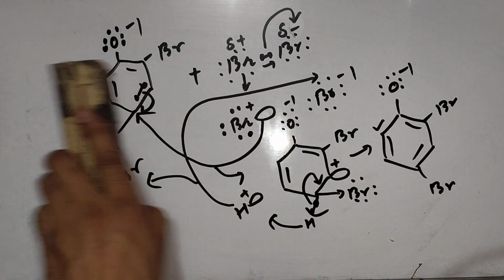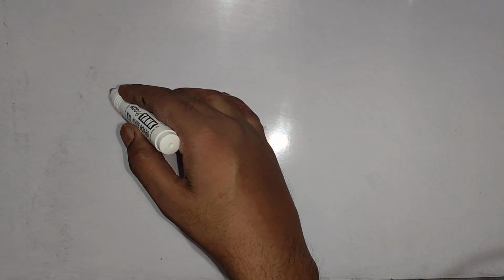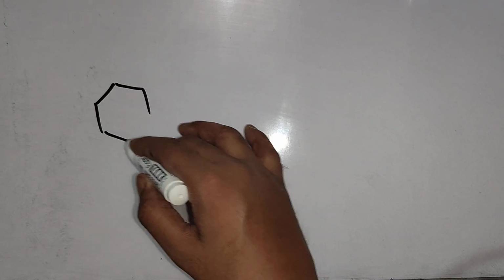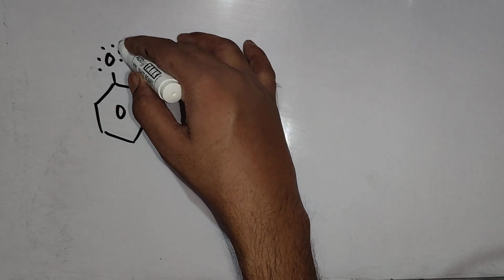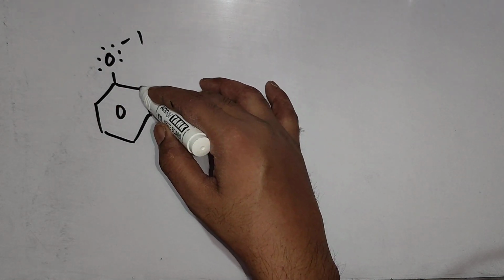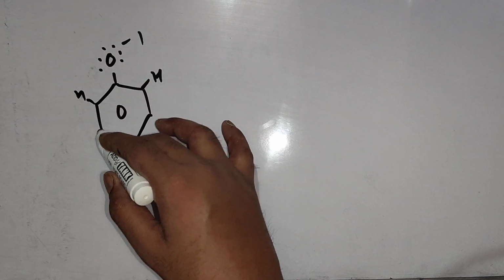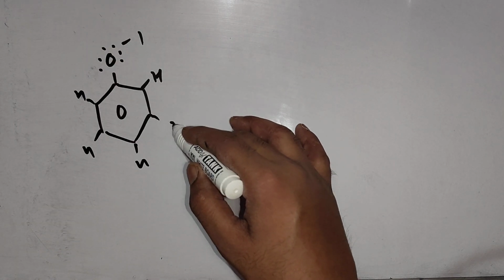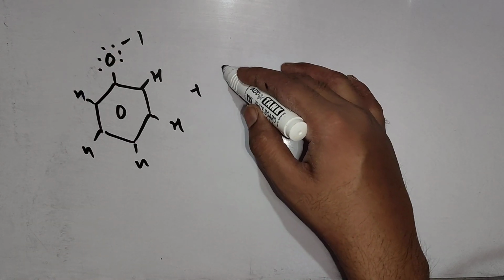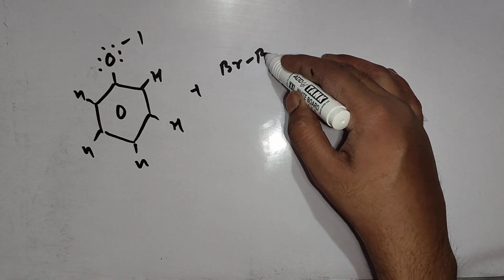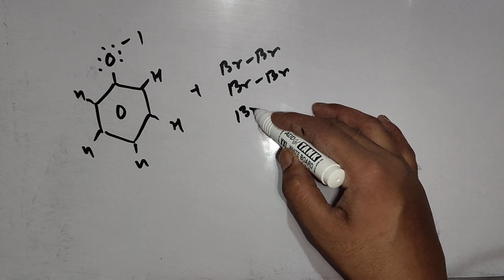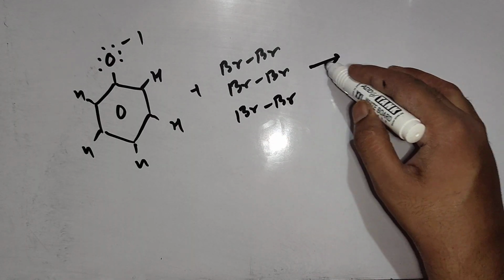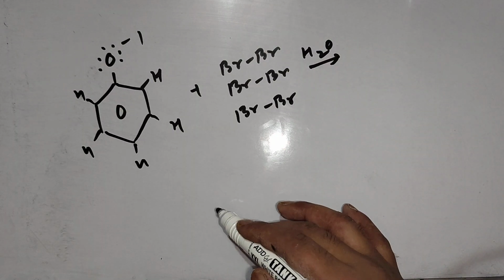So after all steps, if I write, this single phenoxide ion will completely react with how many bromine particles? Total 3 bromine particles in the presence of water.